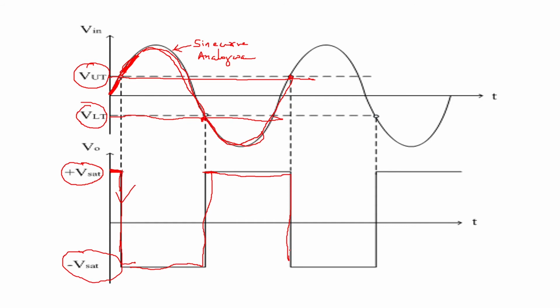In this way, the output changes between plus Vsat and minus Vsat. You can see that the input is an analog wave and the output is a square wave, so you can call the output a digital wave.